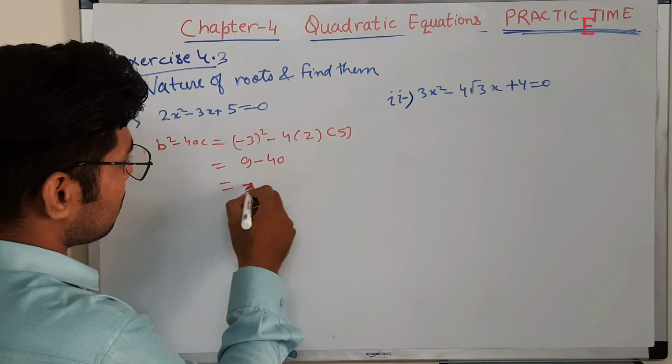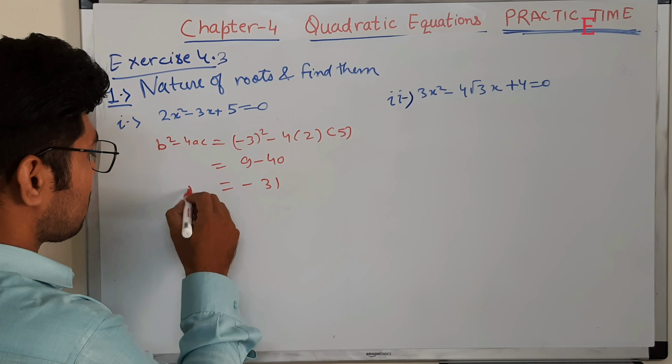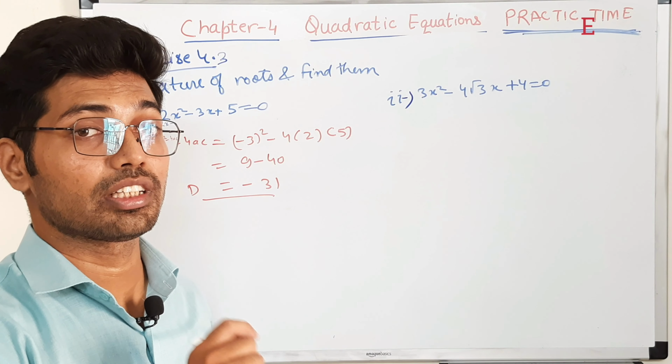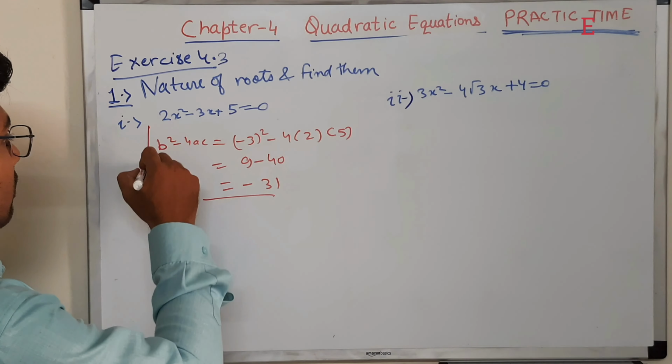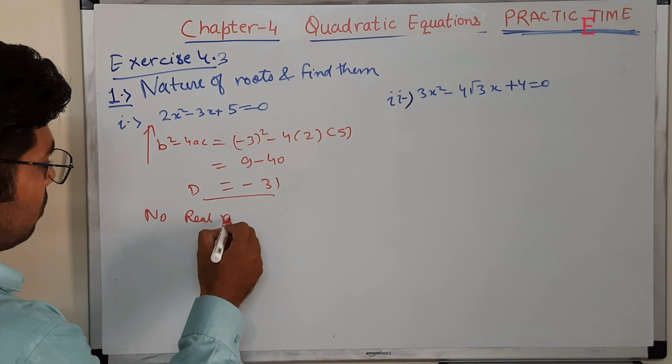Now it is negative. This discriminant is negative, so this means it does not have real roots. So no real root exists.